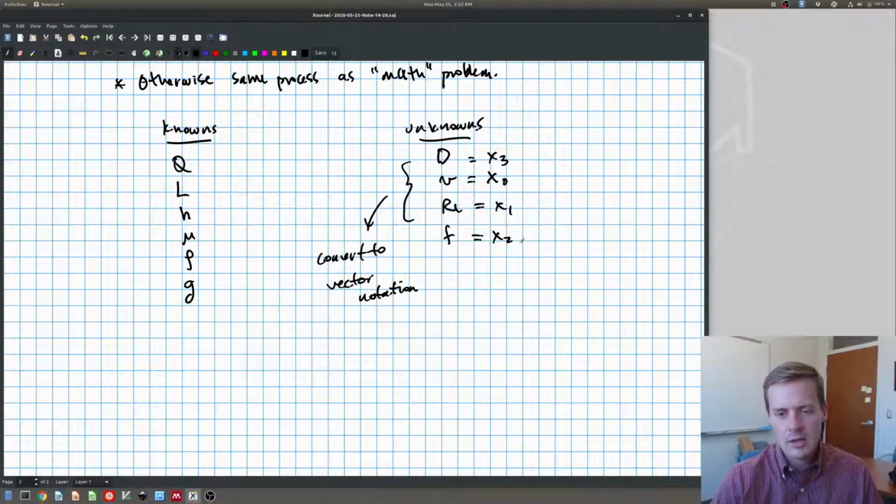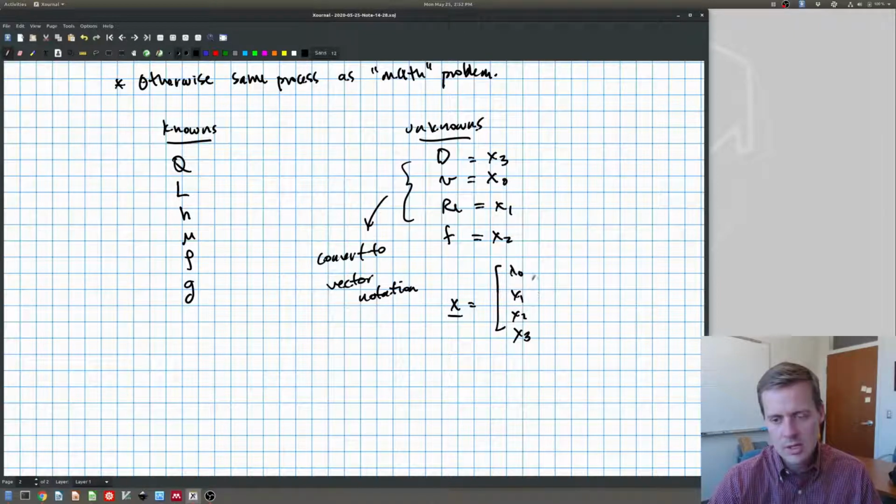All right. And so at the end, I can now write the x vector, which is going to be x0, x1, x2, x3. Those are my unknowns. That's now going to be v, Reynolds number, friction factor, and diameter. So those are the things I don't know.